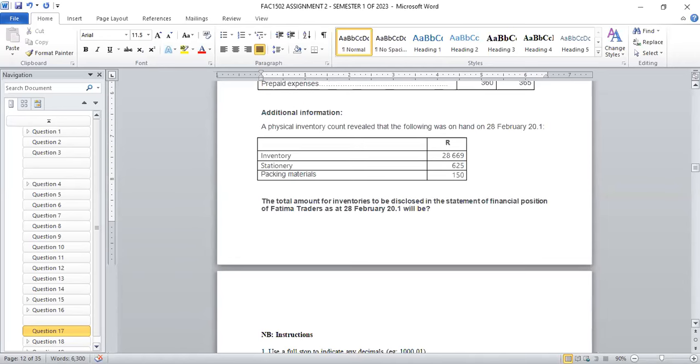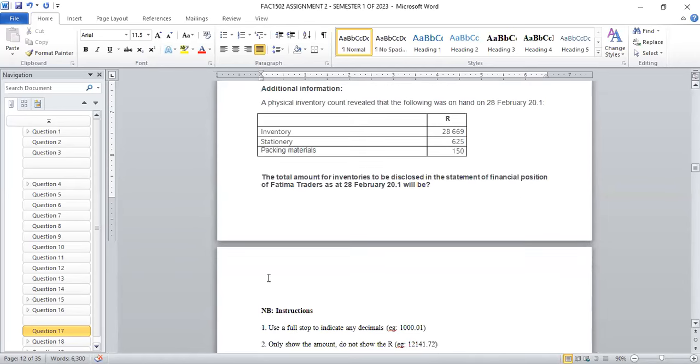Question 17. Total amount of inventories. We just add them up.